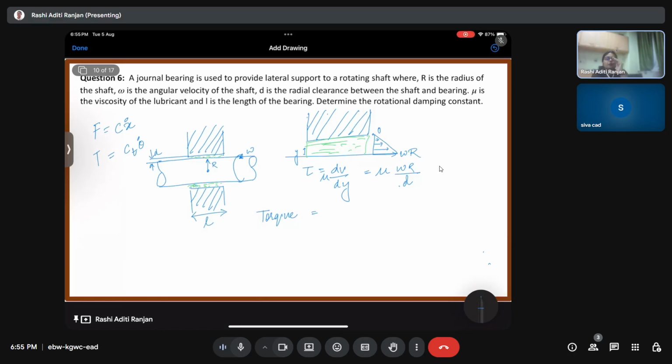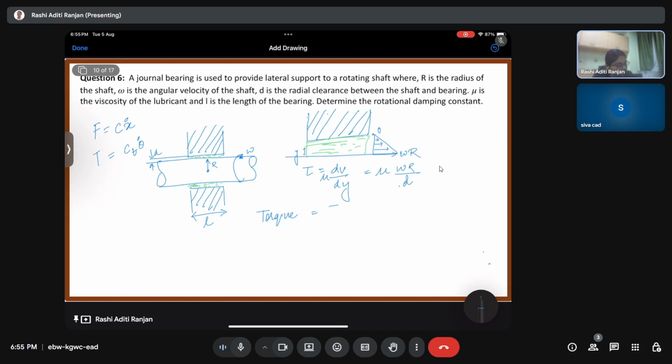See, there is fluid for all the thickness D. We are going to have a shear stress only at the layer of the shaft, but not at the layer of the bearing, because the layer of the bearing is not moving, but the layer of the shaft is. So it is going to experience a shear stress.